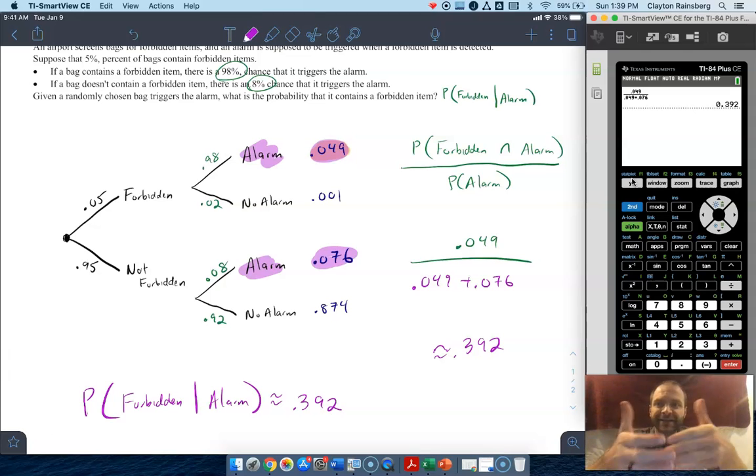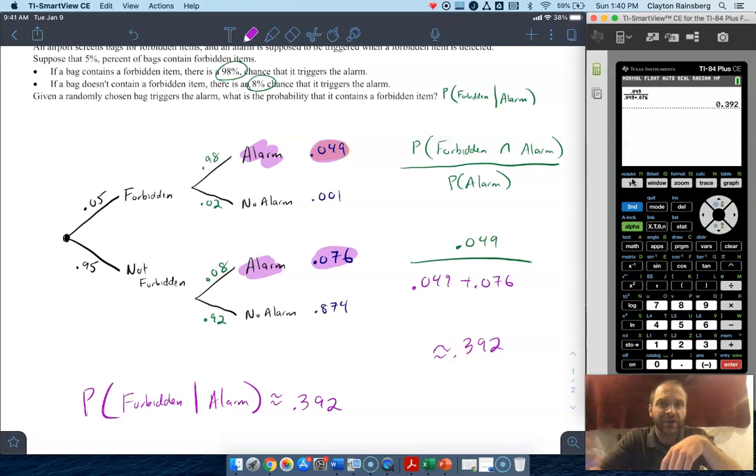I say this because when you hear the news or read articles, you hear these probabilities: if the bag contains an item, there is a 98% chance that it's going to trigger an alarm. That sounds high, and that is high, and that's good. But you need to realize that when you look at all the possible outcomes under conditions, you start to see the real probabilities behind the scenes.